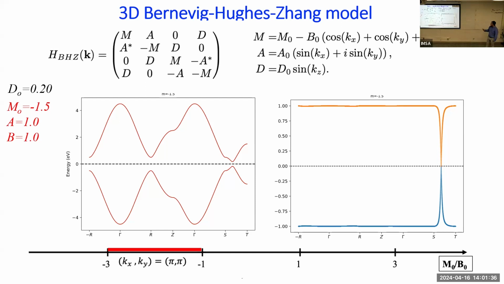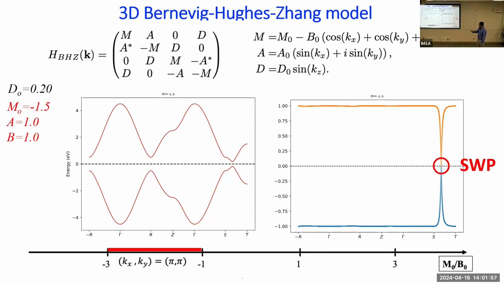We saw this before with Bernardo, because Bernardo talked yesterday about the Weyl points. We studied Weyl points in the energy spectrum, and now we saw Weyl points in the spin spectrum. That was really interesting for us.